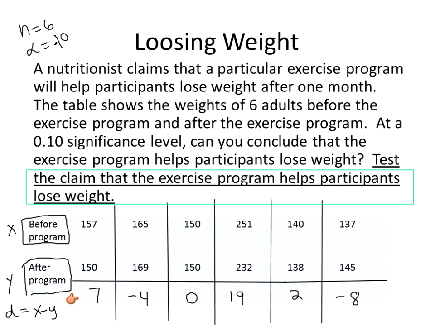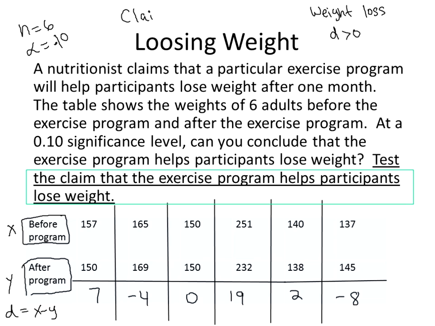Okay, if you want to go back and see what happened when people lost weight, what happened to the differences? All right, so when there was weight loss, we had a difference that was positive.